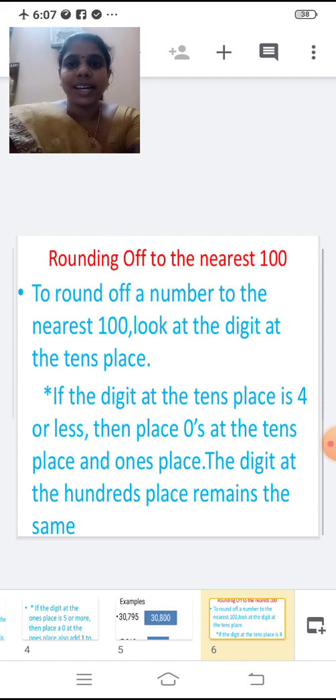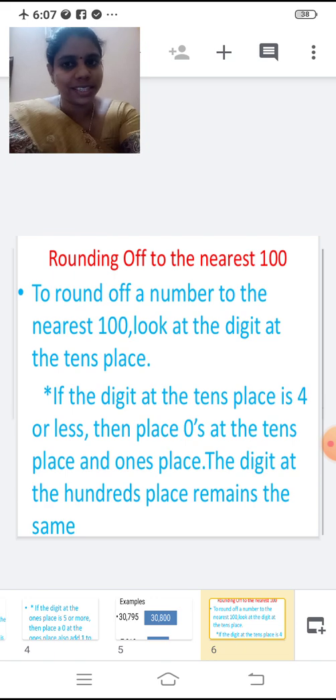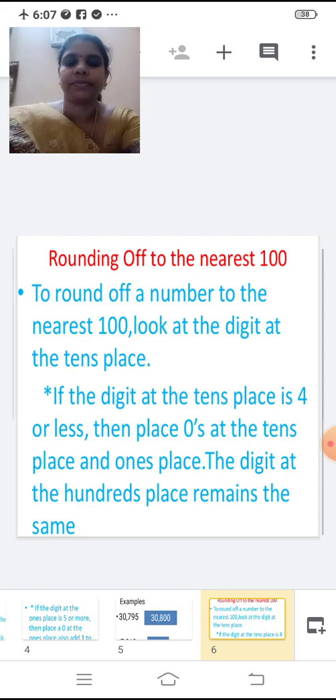So, see the digit at the tens place. If it is 4 or less than 4, place zeros at the tens and the ones place, and the hundreds place remains the same.